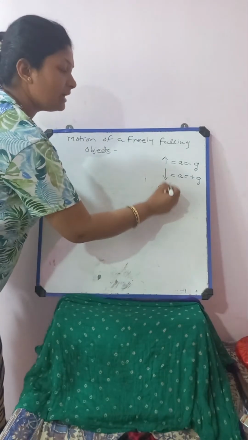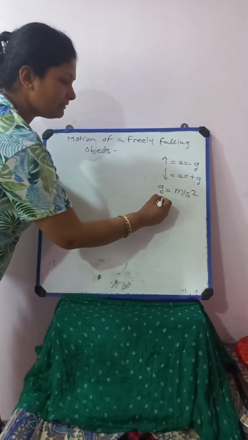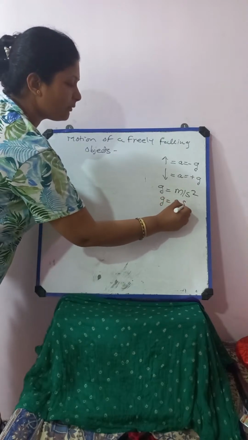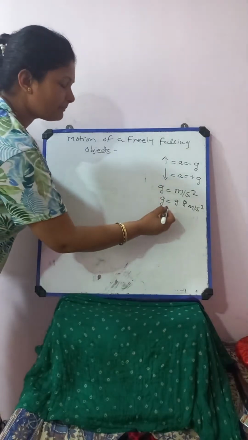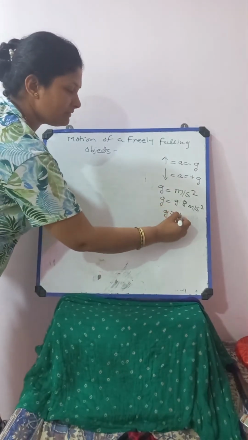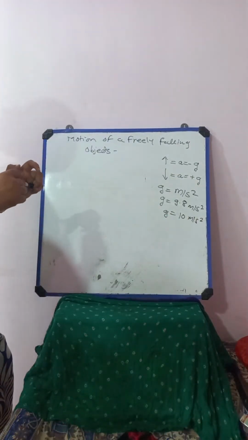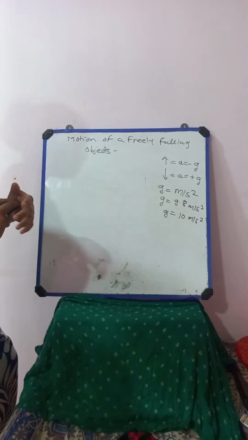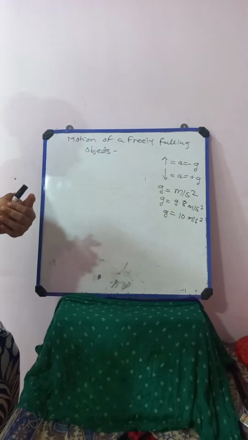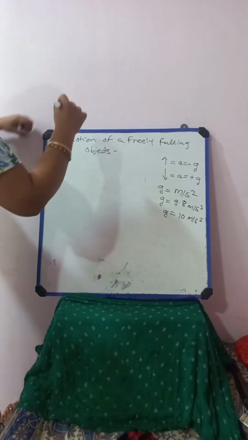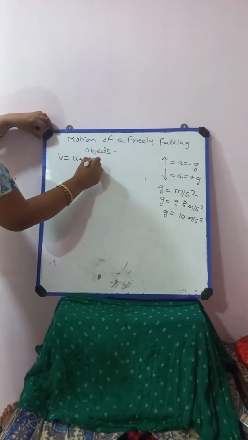Its unit is meter per second square, and practically we take the value of g as 9.8 meter per second square, but sometimes we solve with g approximately 10 meter per second square. So this is also one kind of acceleration, but we call it acceleration due to gravity. Can you get it? And in this point we have these equations. v is equal to u plus at.